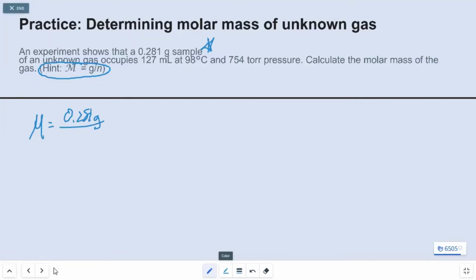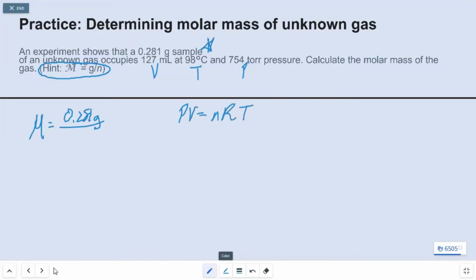But what we can do is, since we have a volume and a temperature and a pressure, we know 3 of our 4 parameters. We can use the ideal gas law to figure out the 4th. PV is equal to nRT.